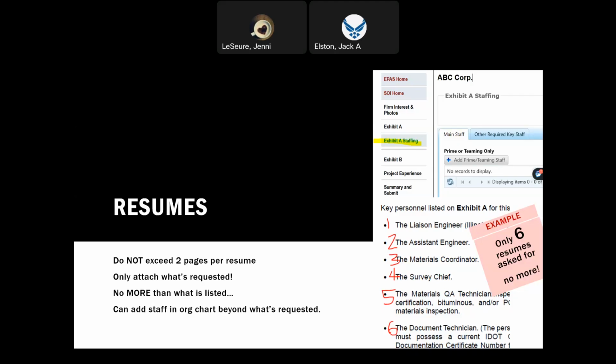So if you see 6 people listed, that's all the resumes that you're going to be adding under that Exhibit A staffing, no more. That's it. I have that question all the time, and if you include more, you're probably going to get marked down for not following directions because the district clearly is asking, include only these 6 people, these 5 people, these 2 people, maybe 20 people, but stick to that bullet point list.